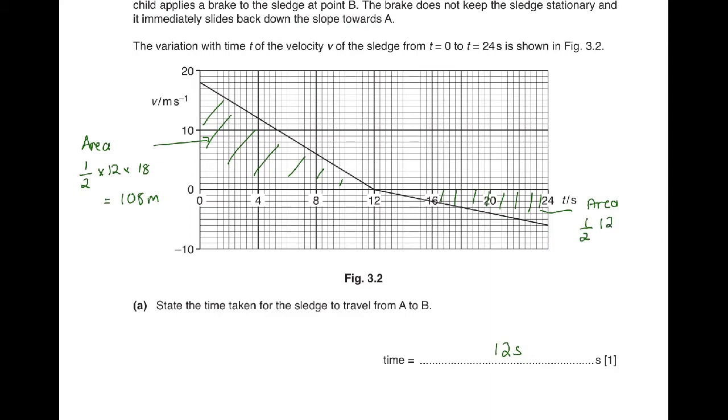But this time, if you notice, the speed there stops at negative 6. So half of 12 times 6 will give us 36 meters. So from A, she first slides up 108 meters and then she slides back 36 meters. So we'll need to find the difference between those.